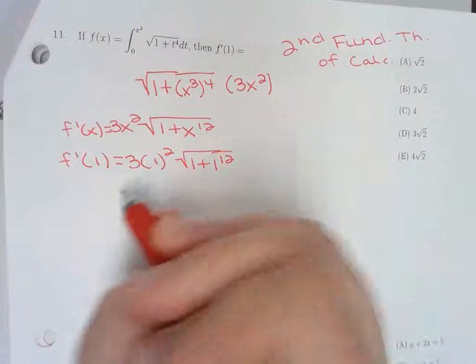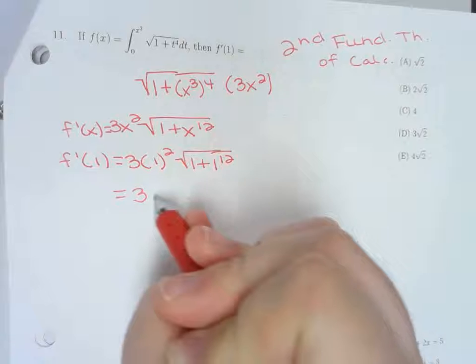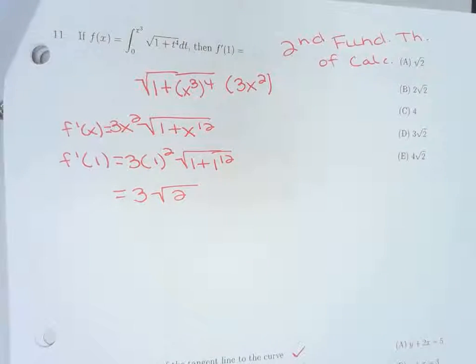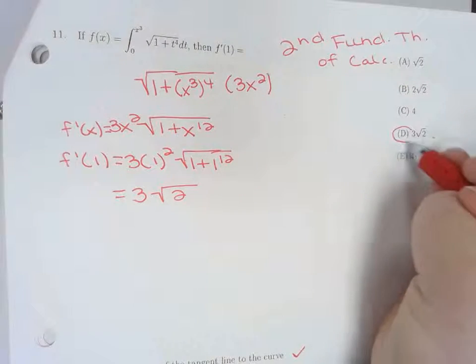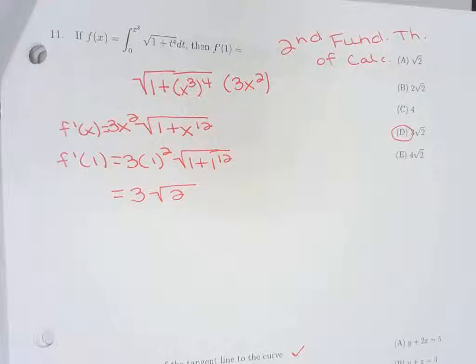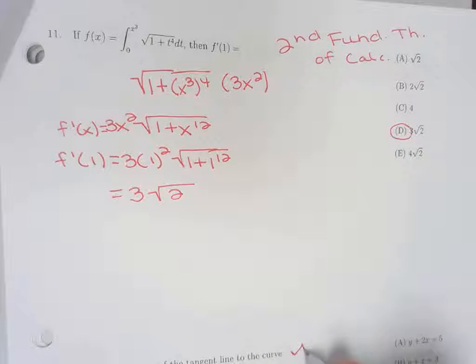Anytime 1 squared, so that would be 3 square root of 2, which is D. So if you did not look at this and know, which it sounded like a lot of you didn't, I would kind of star or something. Anytime derivative of an integral from a 0 or from a constant to a function, you just plug in the function and then multiply it by the derivative of that function. It's a good one to know.